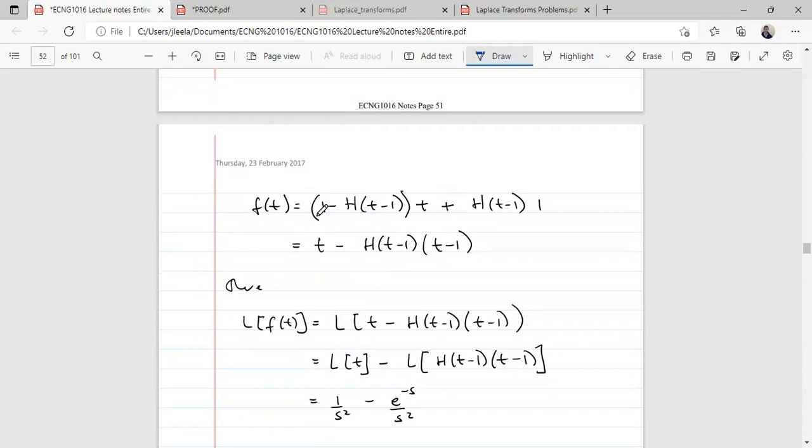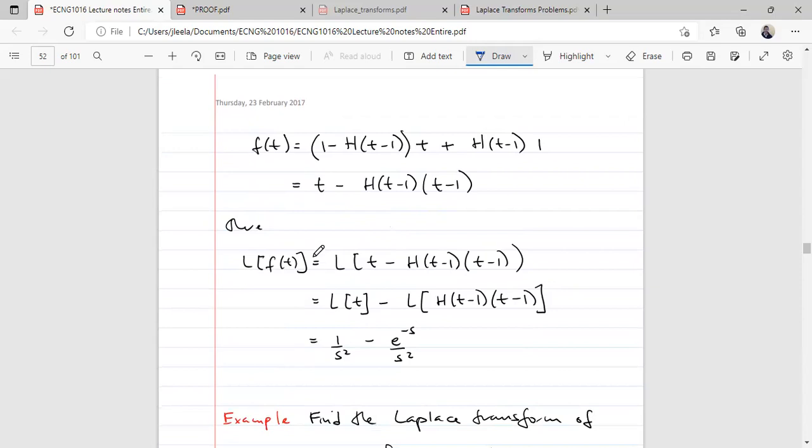We have to know to arrange it in this form, where you have a Heaviside times a function, so we can evaluate using the Laplace. So now we take the Laplace of t minus h(t - 1) times (t - 1), and we use the linearity property. So this will be the Laplace of t minus the Laplace of h(t - 1) times (t - 1).